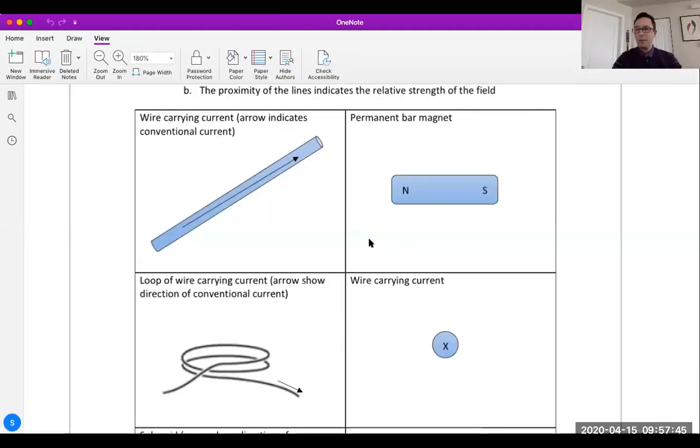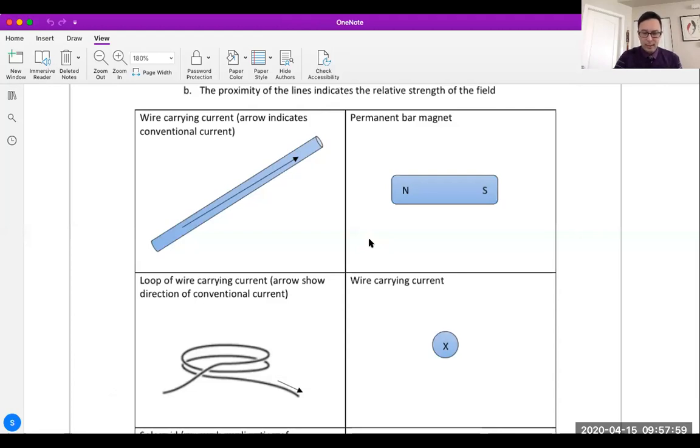Okay, so we're going back to our diagram again. Here we are. If you grab that wire, pretend like you're grabbing that wire on the page with your hand, and wrap your fingers around that wire.